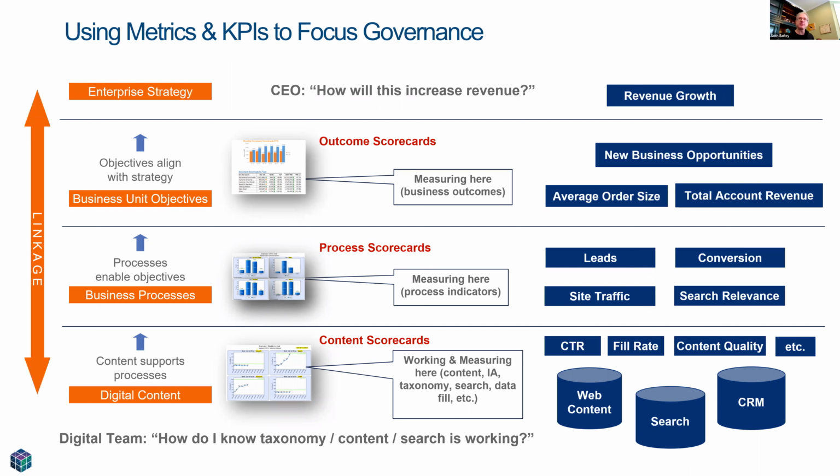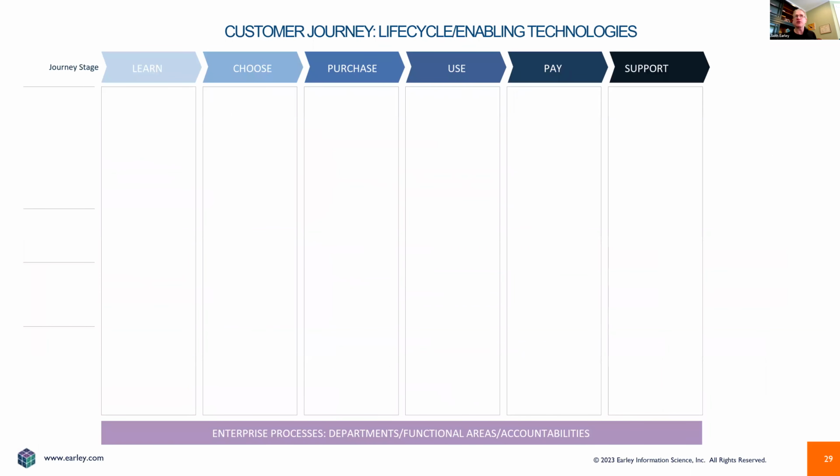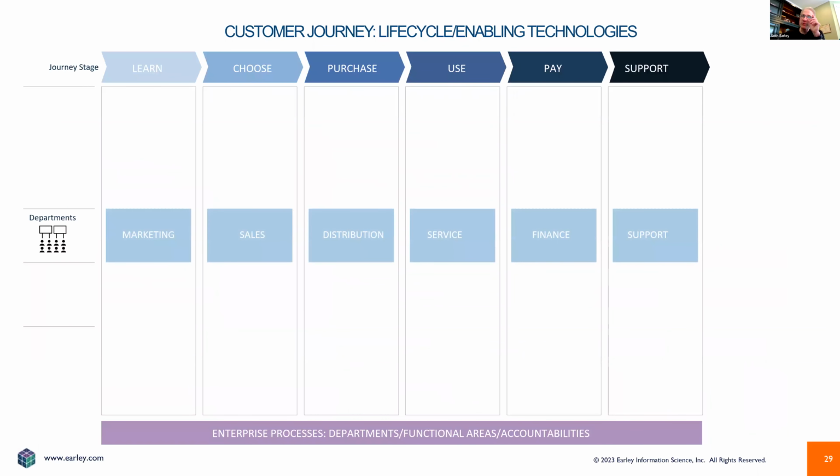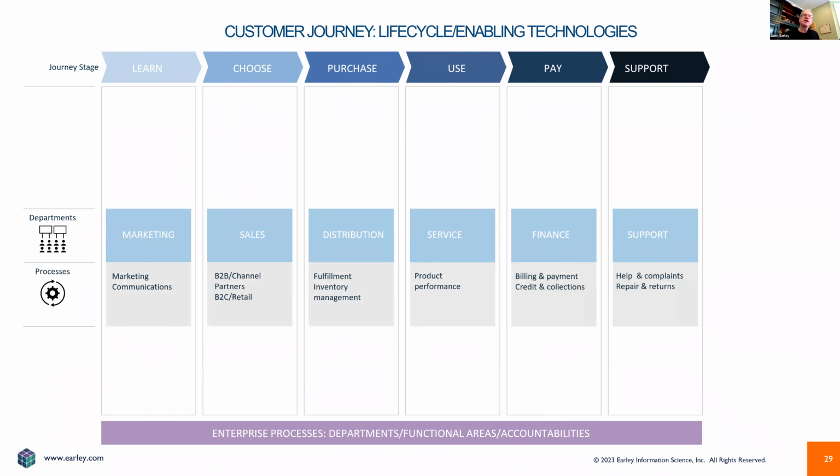I'm curious as to how many people have seen this one before, but I do use it quite a bit. But you can shift in and out whatever those processes are, whatever that data and content is, and whatever those outcomes are. And we can also do this across the entire customer journey. This is why we focus the master data initiative, the product data initiative, and the content initiatives in the context of the customer journey, right? Because we have departments, we have each stage of the journey.